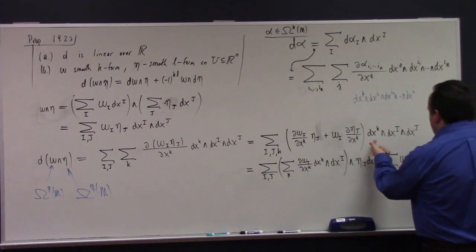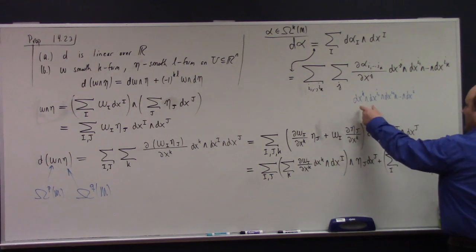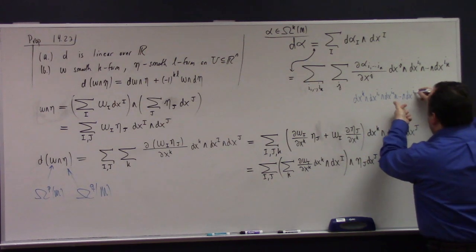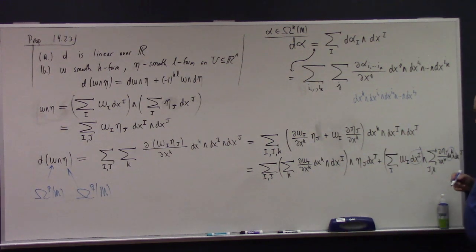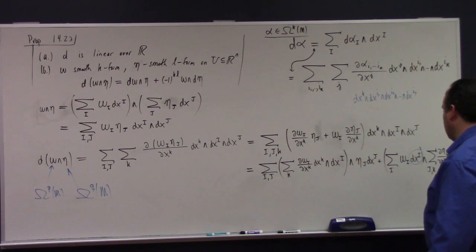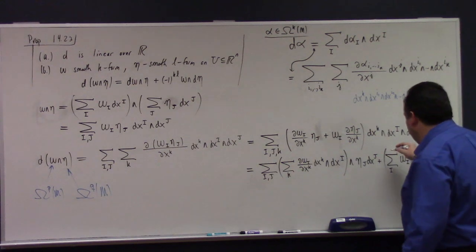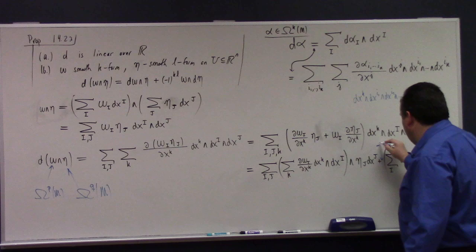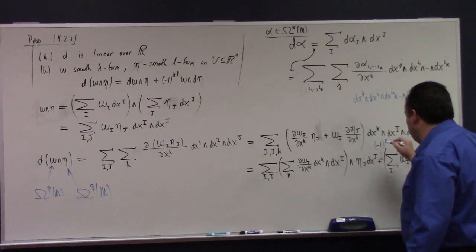So you see I had to move this K past these differentials, and so it costs me 1, 2, P of them, since omega is a P form. So I owe you guys a -1 to the P factor.